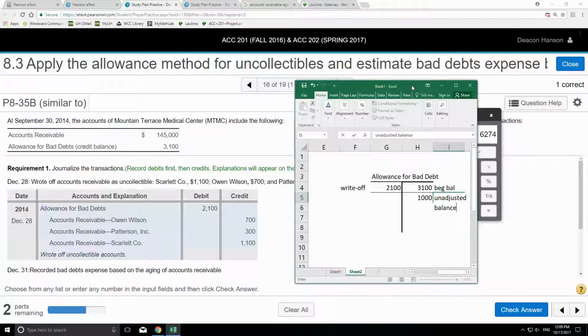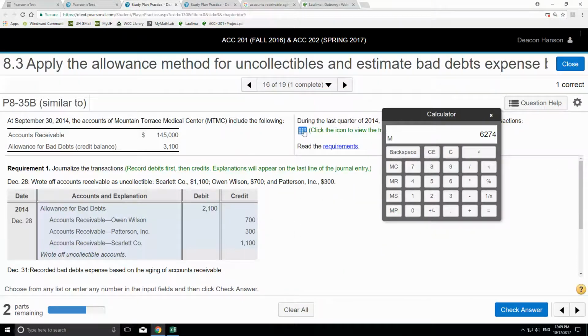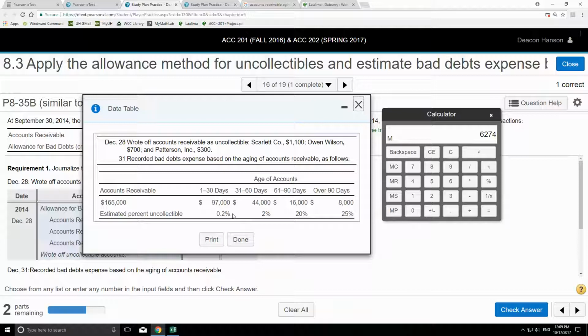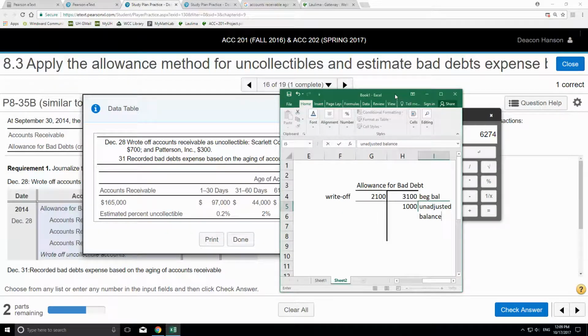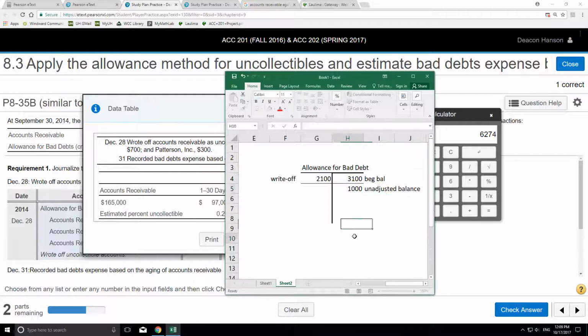We took this schedule here, and we multiplied each of these percentages by their gross amount, hopefully we multiplied right, and then totaling that up, we say, okay, we want to have 6,274 in our allowance account. So we actually have a targeted balance. And you could maybe make another line like this and say, this is the balance that we want. Okay, this is the desired balance.